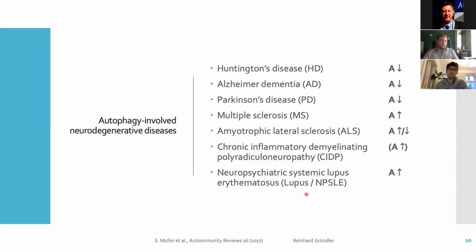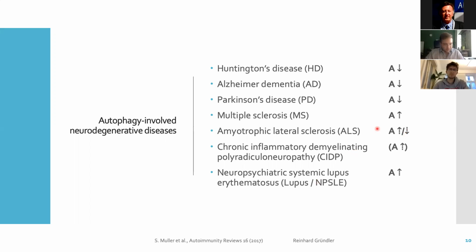So you can see in this slide here that in different diseases, the autophagic activity is decreased, and in some diseases it is increased. In ALS, I've also talked about this case here. It is in some cell types increased, and in some cell types decreased.